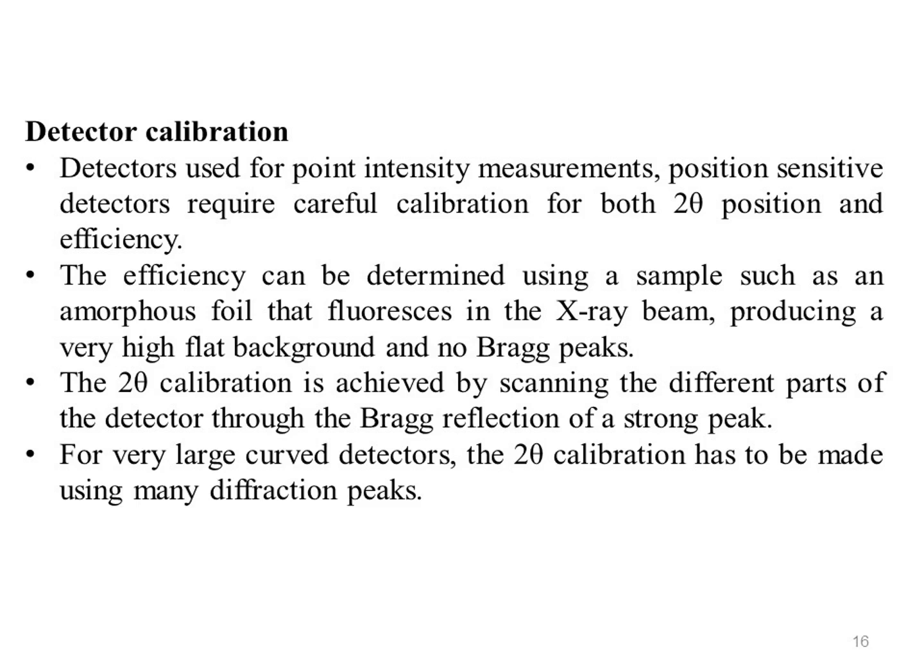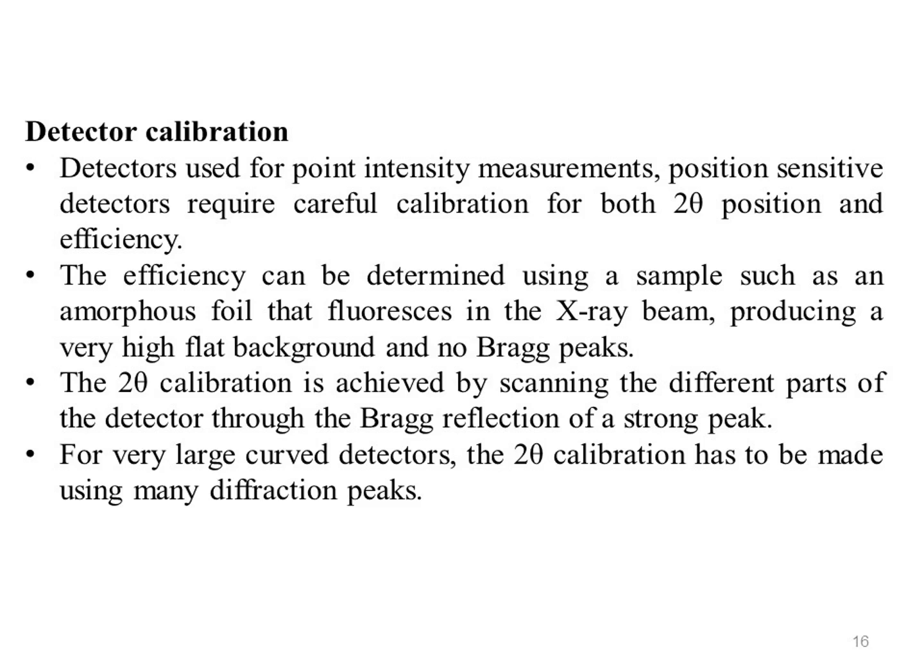In contrast to detectors used for point intensity measurement, position sensitive detectors require careful calibration for both 2 theta position and efficiency so that scattering angles and intensity can be accurately determined. For each channel, an exact 2 theta position is required together with an efficiency coefficient.